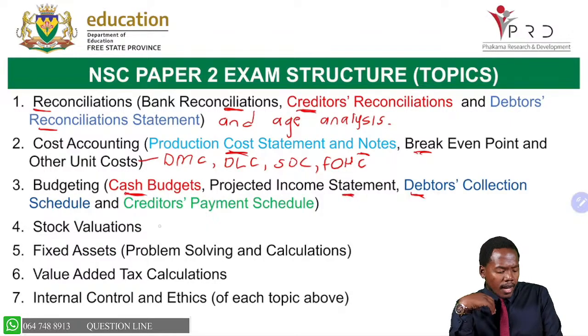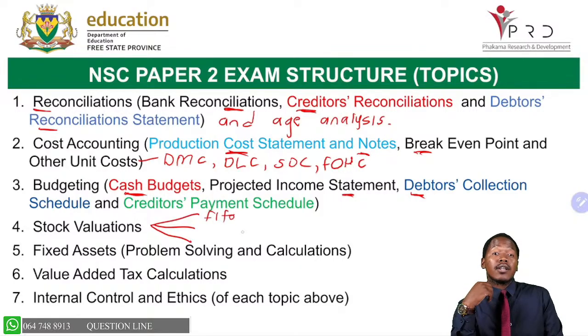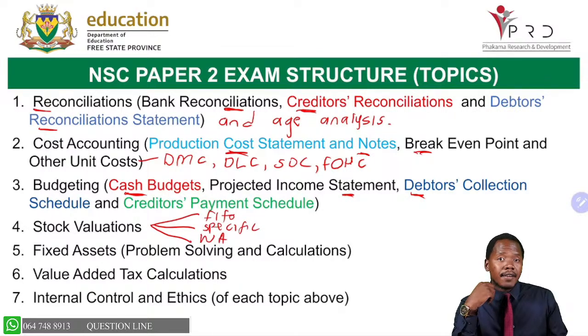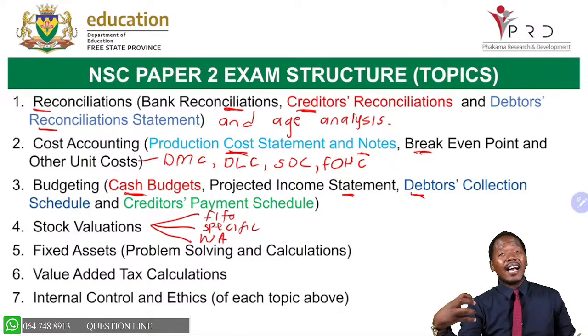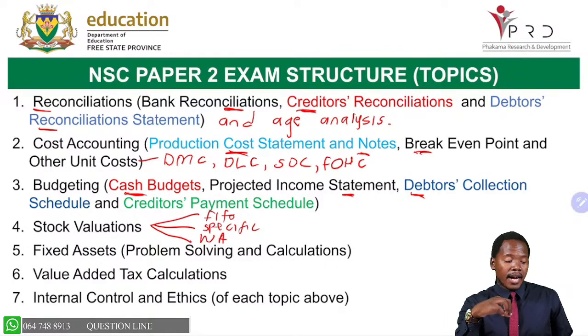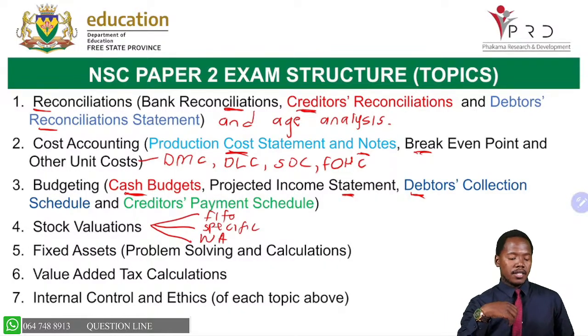And then we also expect to see our stock valuation. So you can expect to calculate closing stock using FIFO, using specific identification, using weighted average. Okay, so these are the calculations, grade 12s, that you need to expect, together with other items that we've been discussing in the previous lessons regarding the stock valuation.